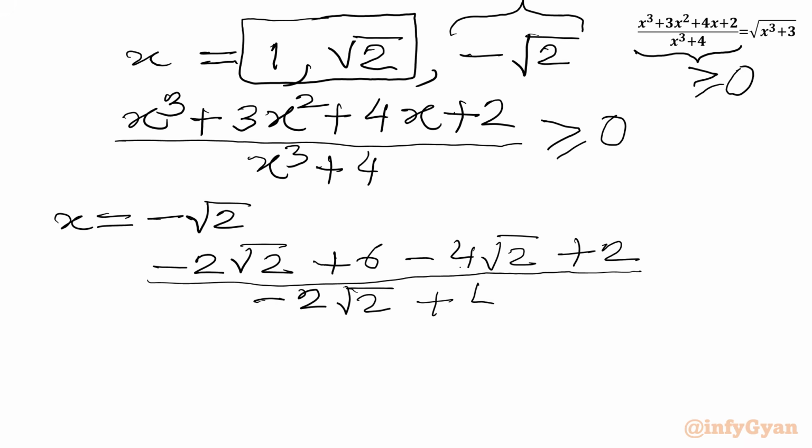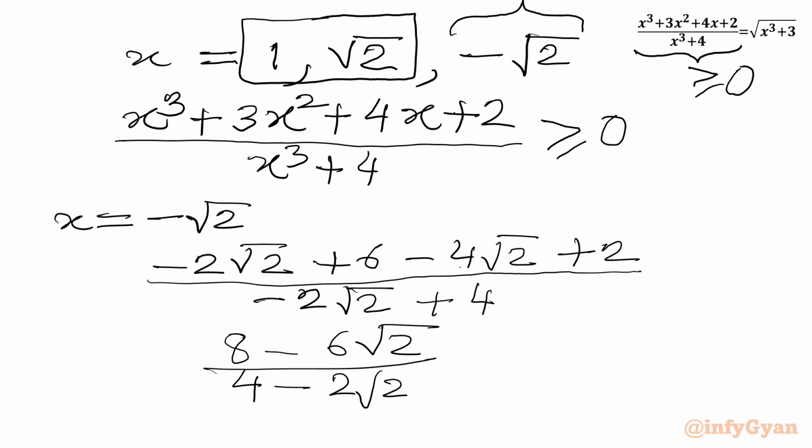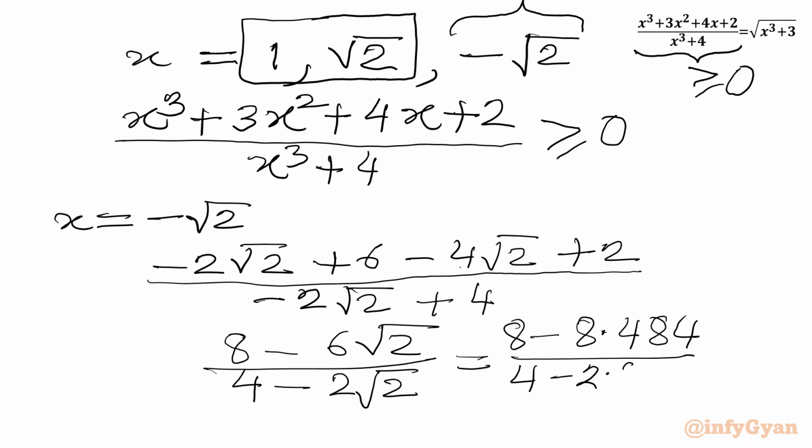Then we have plus 4, which will be equal to 8 minus 6 square root 2 over 4 minus 2 square root 2. Now 6 root 2 is 8.484. Let's write here 8 minus 8.484 in the numerator, and in denominator 4 minus 2.828. So denominator is already positive, numerator is negative. So this quantity is coming out negative.